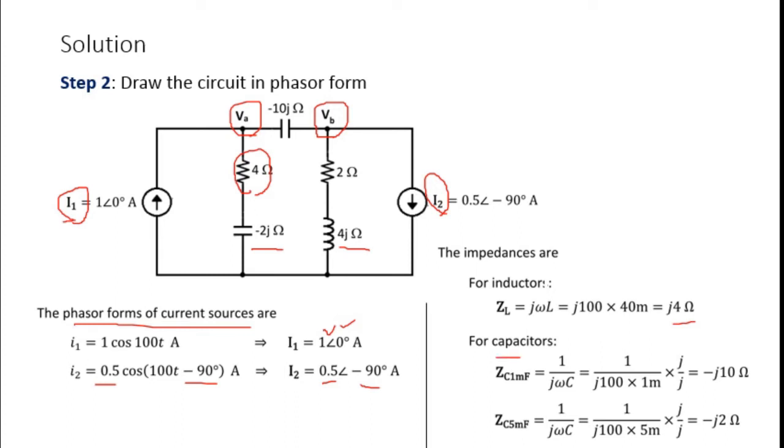For the capacitors, it depends on the capacitance value. The one with 1 millifarad is equivalent to minus j10 ohms. The one with 5 millifarad is equivalent to minus j2 ohms.